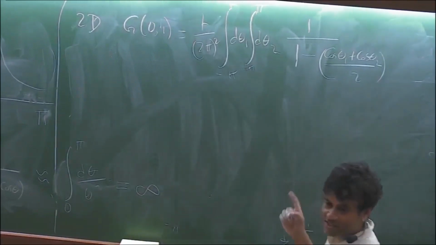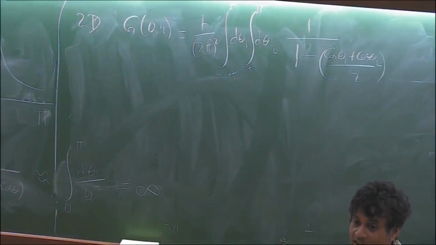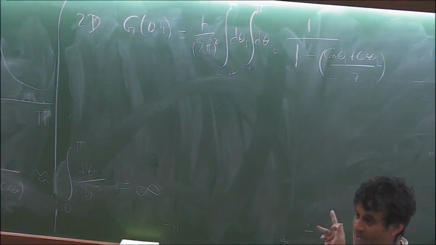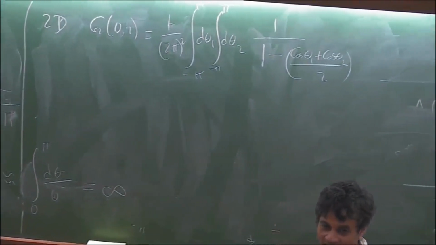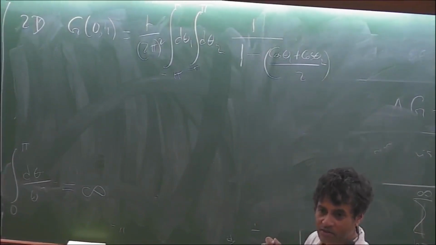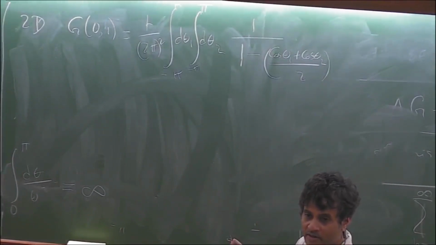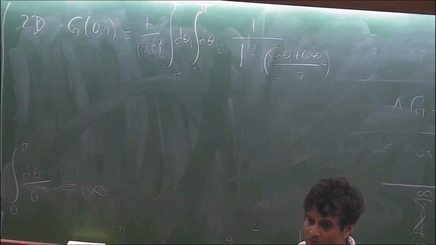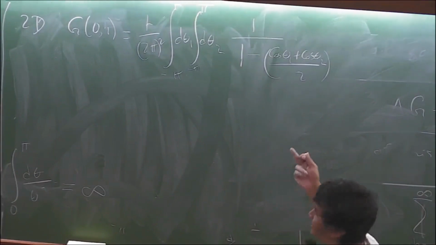So now what is this? This is also infinite. Everyone thinks it's infinite. So what is the argument? The return probability is 1, so it should be infinite. But from the integral, can you see it's infinite?